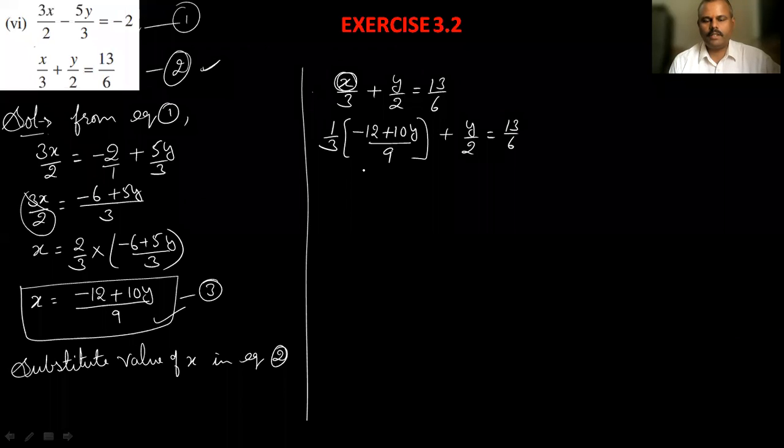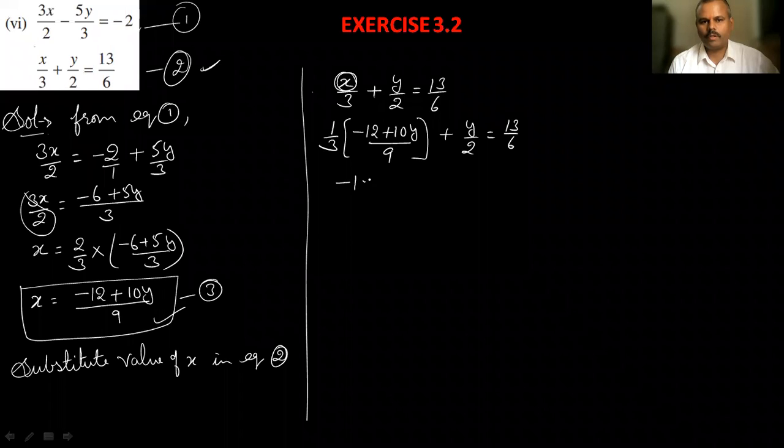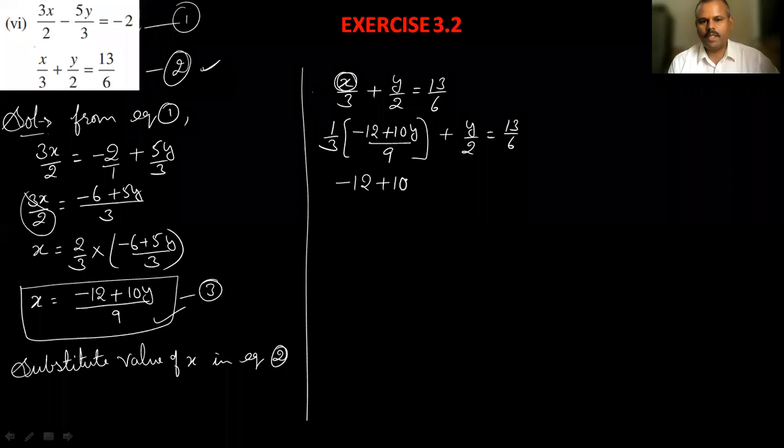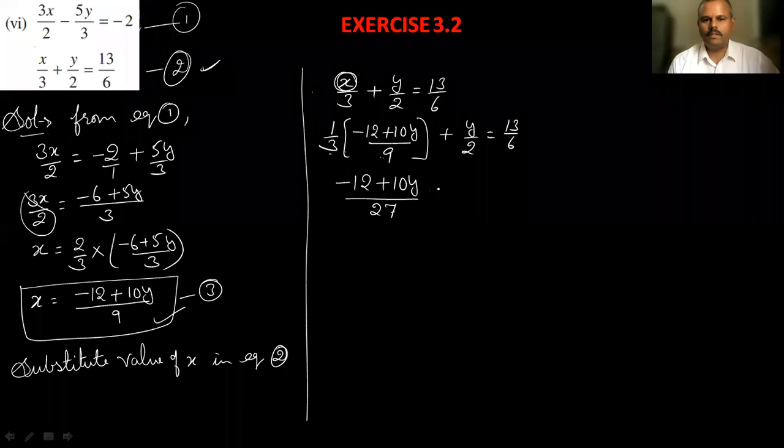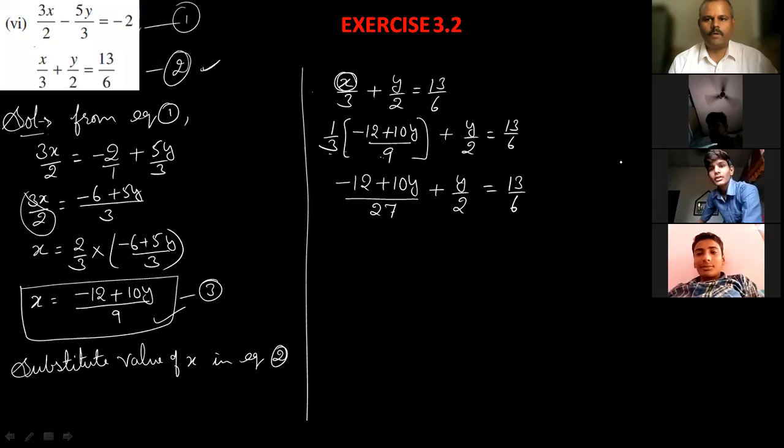Now further simplify it. 1 upon 3 when multiplied, (minus 12 plus 10y) upon 3 multiply 9, 27, plus y upon 2 equals 13 upon 6. Now further simplify this.